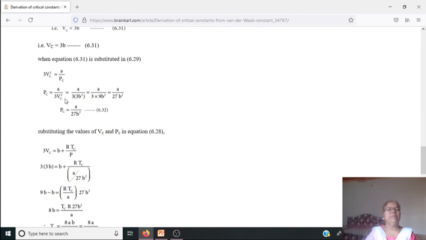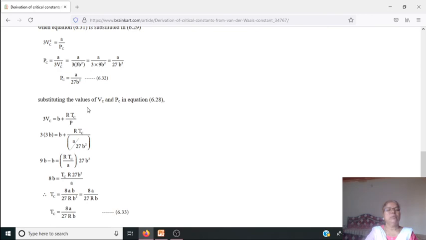Putting the value of Vc as 3B here, A upon 3 into (3B) square is equal to A upon 3 into 9B square, that means 3 square that means 9, and it is equal to A upon 27B square. That means we have here the value of Pc. Here Pc is equal to A upon 27B square.